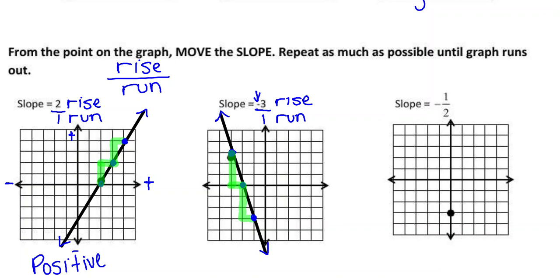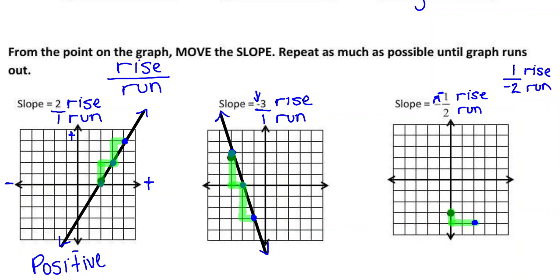Now the next one's a little tricky. We're always going to give negatives to the numerator. So that's rise -1, run +2. We start at our dot and rise -1, but because it's negative, I have to go down. And I'm going to run 2: 1, 2. Normally we always use negative numerators, but you could also make a negative denominator. So you could have 1 over -2, that'd be rise 1 and run -2.